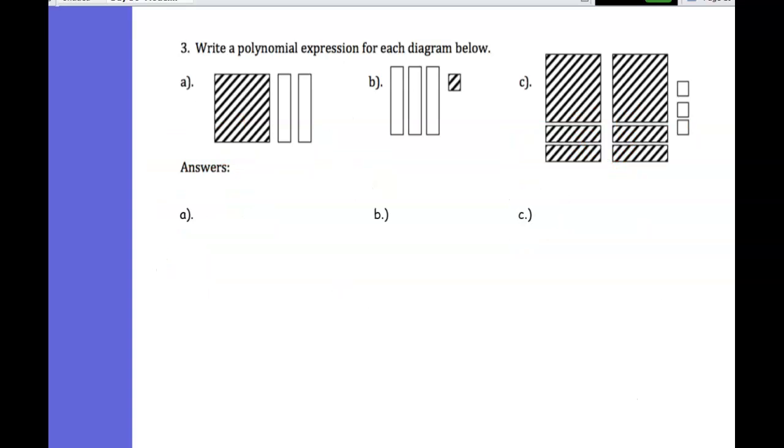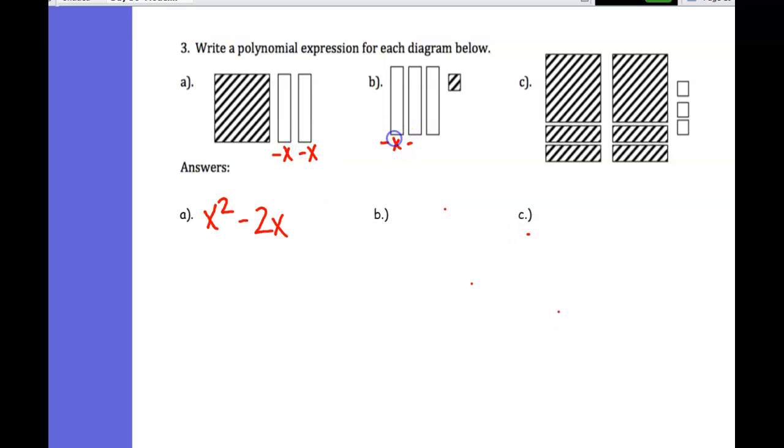Now if we went backwards and looked at the diagrams, we'd have to write the polynomial for each of the diagrams below. Looking at this one, this would be x squared minus 2x, because this is a negative x, this is a negative x.